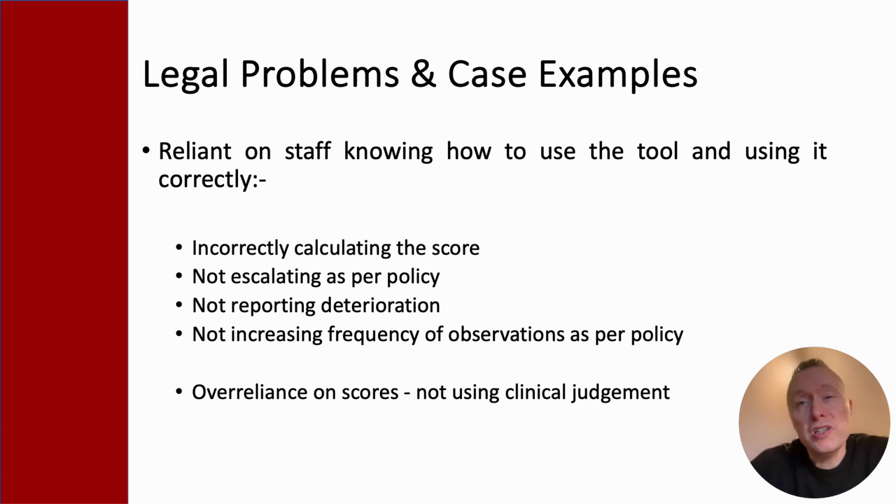They may not have reported deterioration to their seniors, and in addition to getting the scores wrong or not escalating according to the policy, we've also found on some occasions that they didn't increase the observations according to the policy within their area, and therefore there was a lost opportunity to identify people that were deteriorating over a period of time.